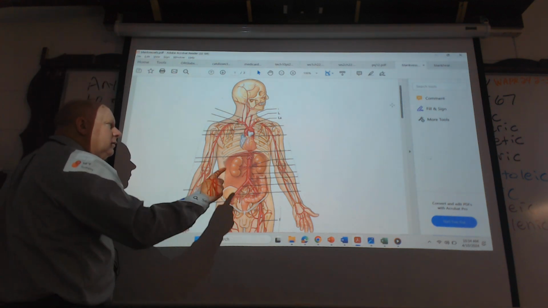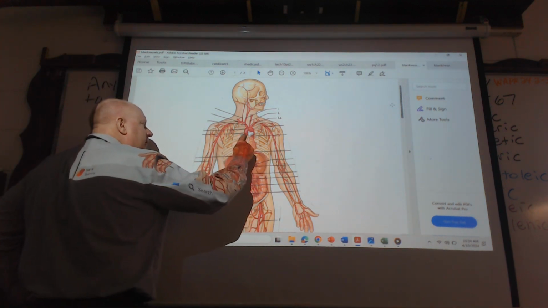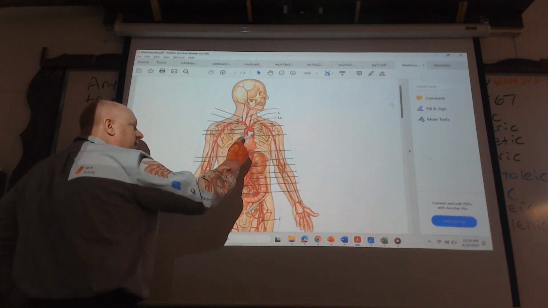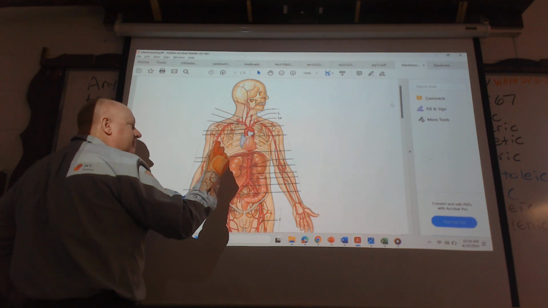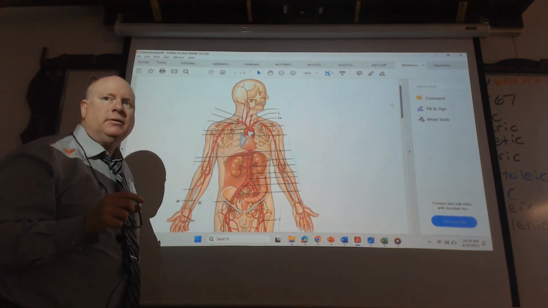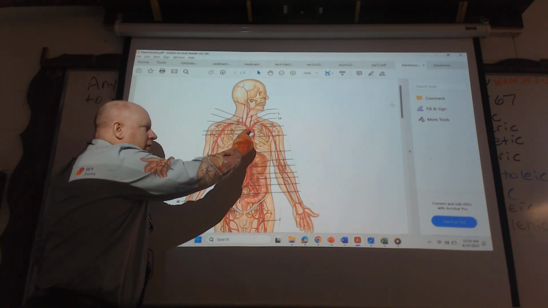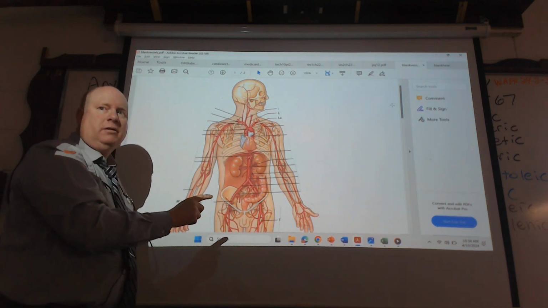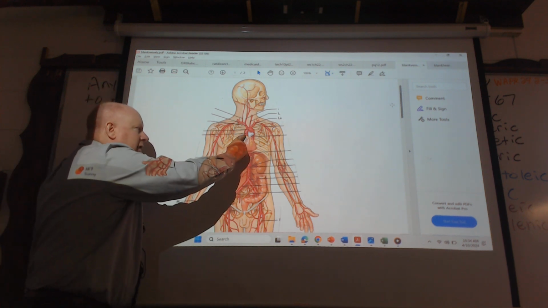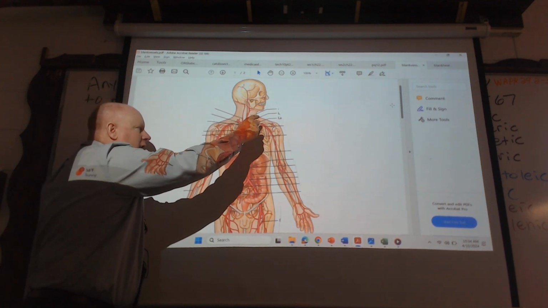So, what vessel is this? And we got to be specific with these. It is an aorta. That's the aortic arch. Okay? Yeah, this is the ascending aorta, the aortic arch.